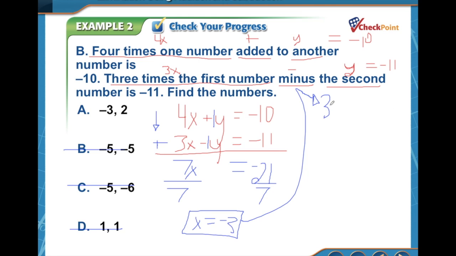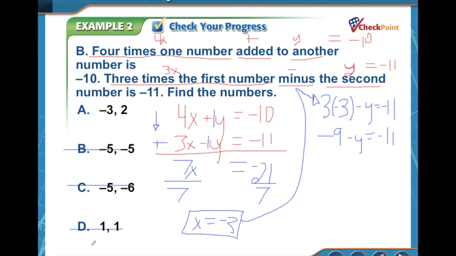So we have 3x minus y equal to negative 11. Now if x is a negative 3, I'll put that in here instead of my variable because I already know that value. So 3 times negative 3 is a negative 9, minus y equals negative 11.